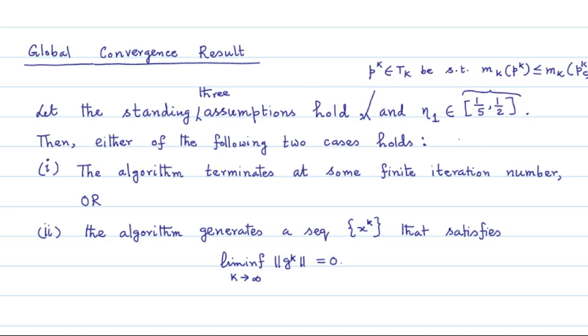Under these three assumptions, either the first one is true or the second one. The first one states that the algorithm terminates at some finite iteration number. That means there exists some k naught, an index at which the norm of the gradient is equal to 0, or the algorithm will generate a sequence xk that has the property that the limit infimum of the norm gk must be equal to 0.